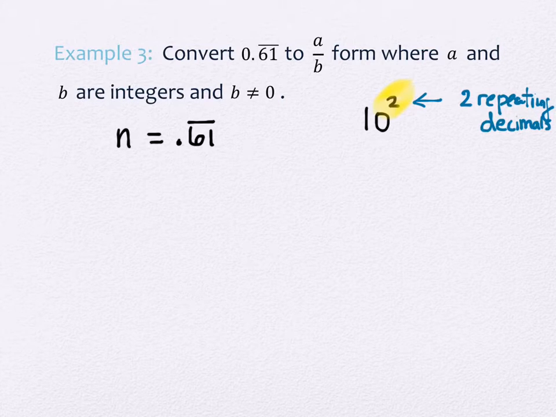And 10 squared is 100. So we are going to multiply both sides by the number 100. I'm going to do the hard side. That's the left-hand side. It's 100n.